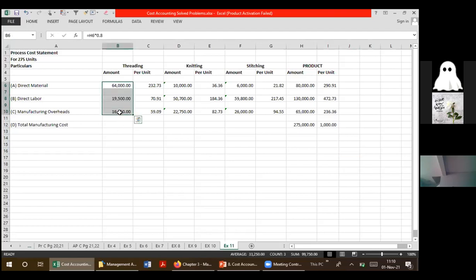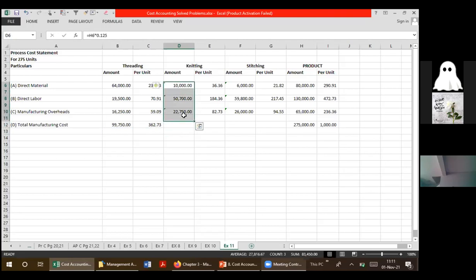The process of threading takes total manufacturing cost of 99,750. Per unit, that will be 99,750 divided by 275, so that's 362.73.